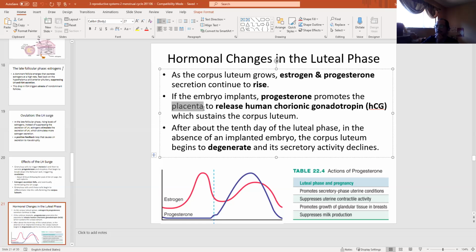Only when there's a placenta will it release human chorionic gonadotropin (HCG), which will maintain and sustain the corpus luteum. So that's that.